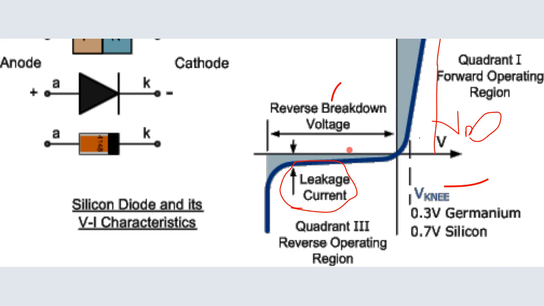Now, this region has what we call a reverse breakdown voltage. In other words, if you operate in the reverse direction, the diode can withstand only up to a maximum of a certain amount of voltage.